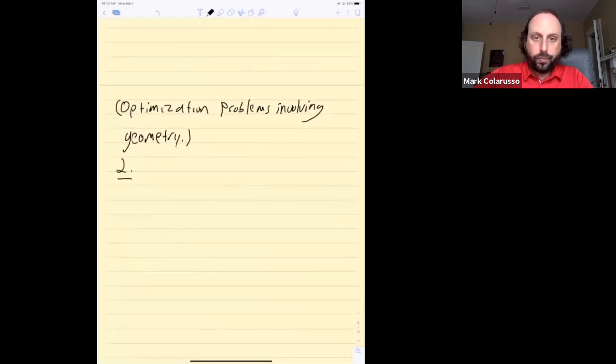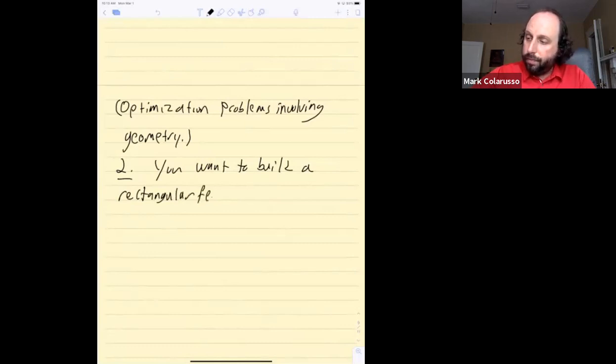Problem 2. You want to build a rectangular fenced area with one side being your house.